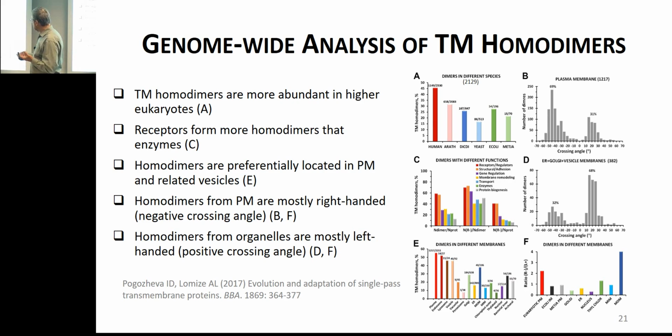But in Golgi and ER, mostly we can find dimers formed by enzymes with more stable left-handed dimers. So there are some interesting trends here. No one did this analysis of alpha dimers before for any organisms.